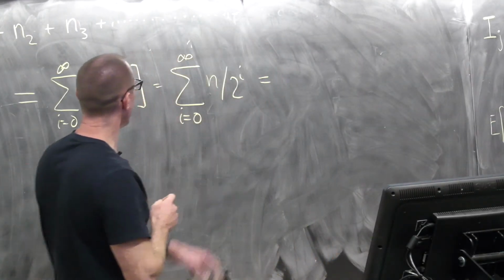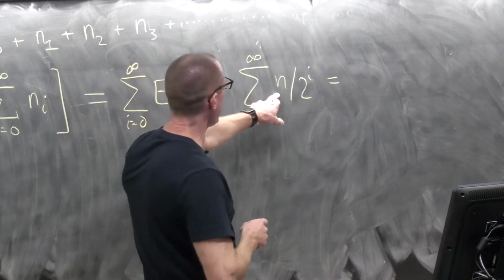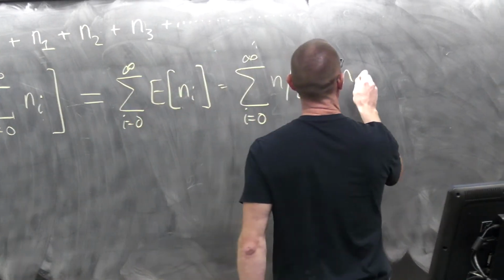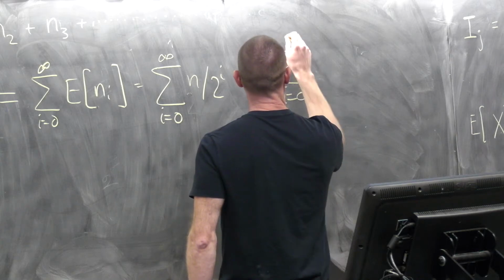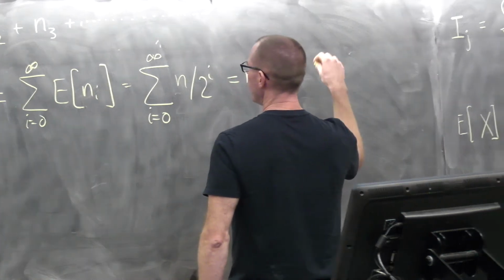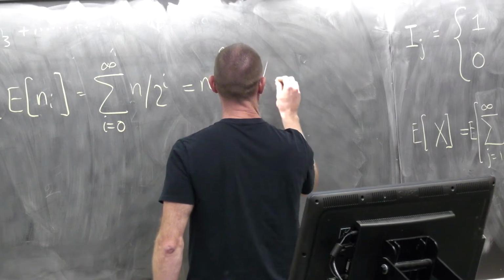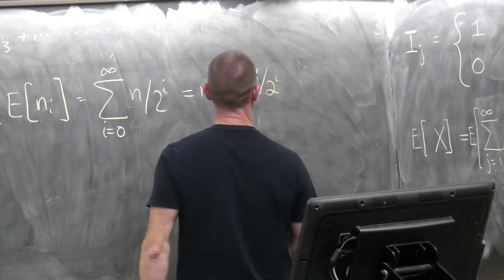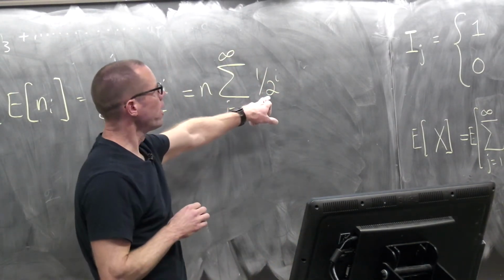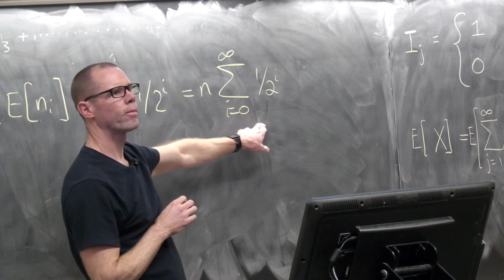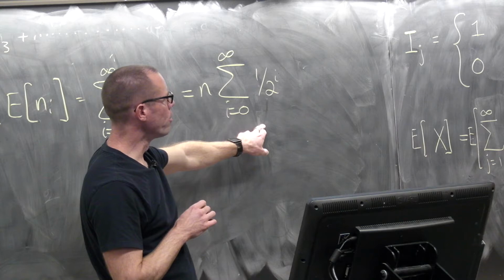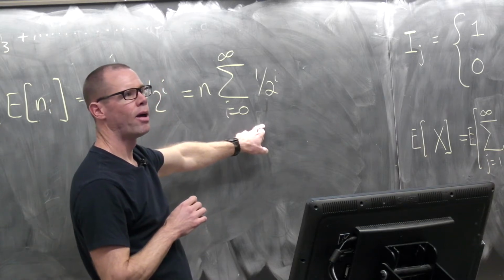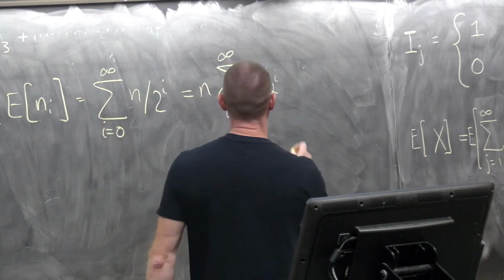Well, this is an infinite sum with an n in every term, so we factor that out. What's this sum here? It's written on the board. I'm pointing at it.